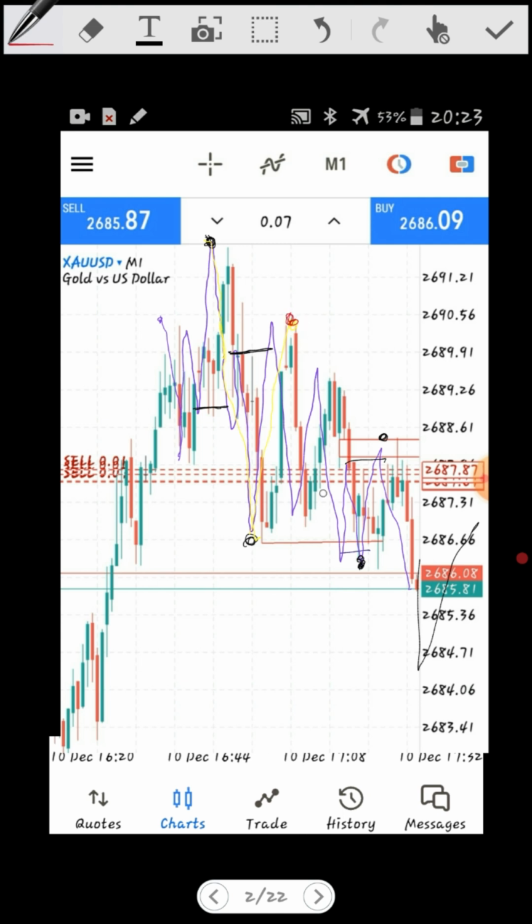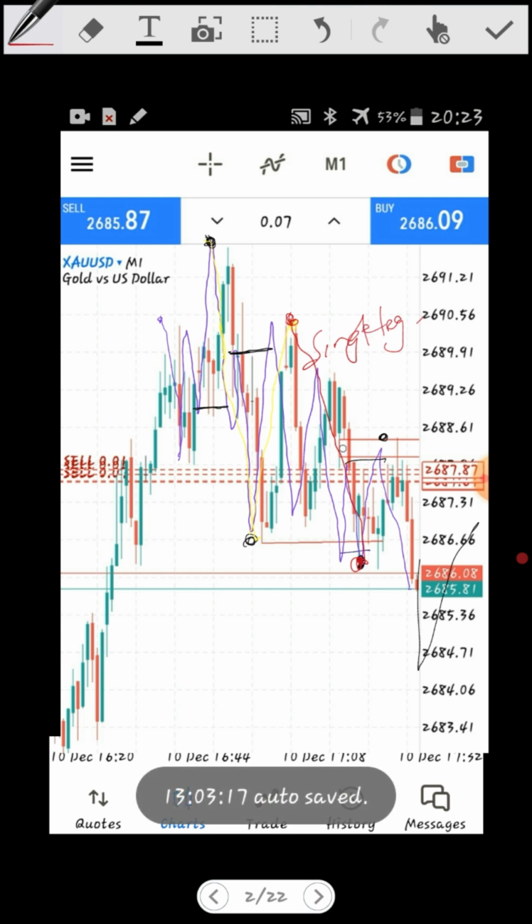Now when the market sloped down, there was no inducement taken out. Therefore, the whole of this up to here, and any move that does not involve the taking of inducement, consider that as a single leg. A single leg.